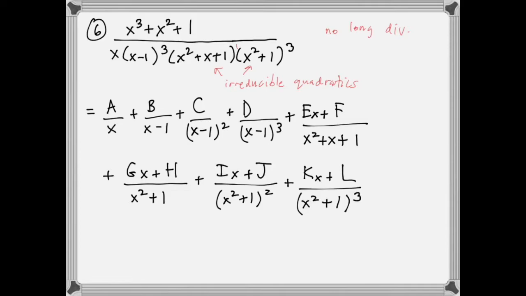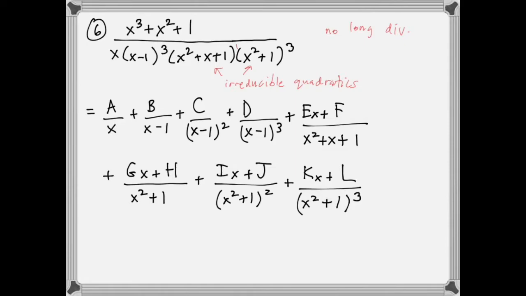Here we go. So this would be our setup. Now, if that one made sense to you, then that means you are totally okay on steps 1 and 2 of the partial fraction decomposition.